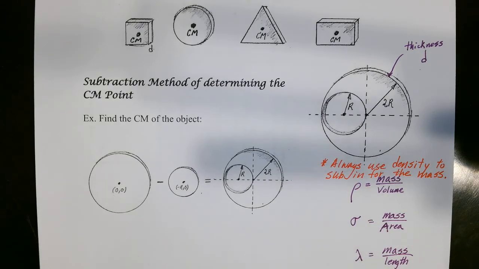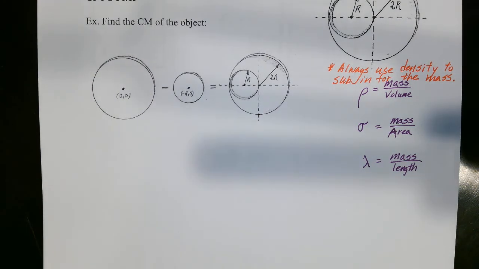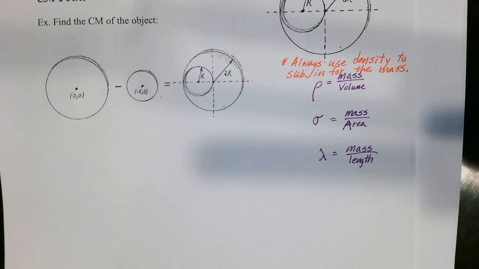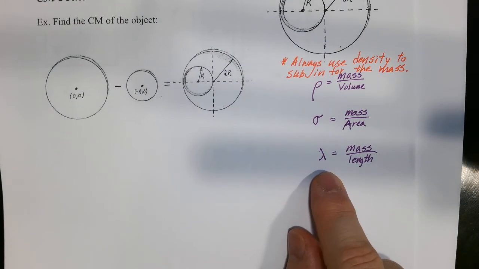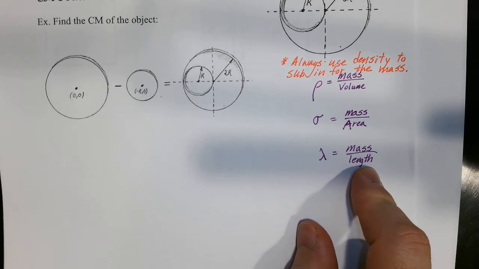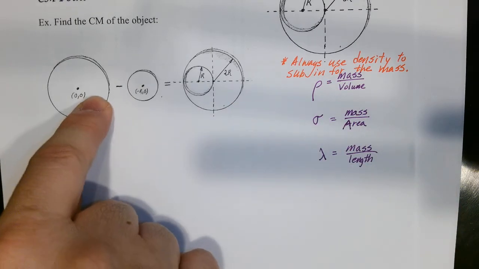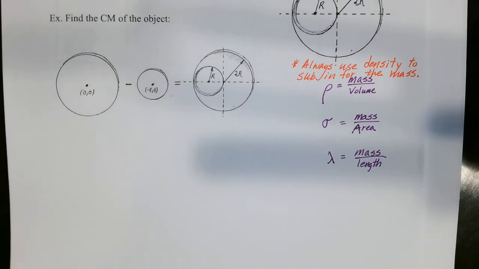If it's a three-dimensional object, uniform density is represented with rho, and rho is equal to mass divided by volume. Sigma is mass divided by the area, and lambda is mass divided by length. In our particular case, we're going to use volume, because it is a three-dimensional shape.